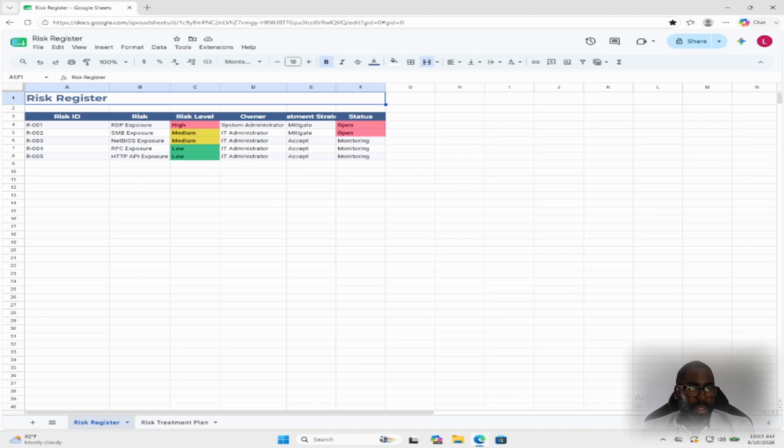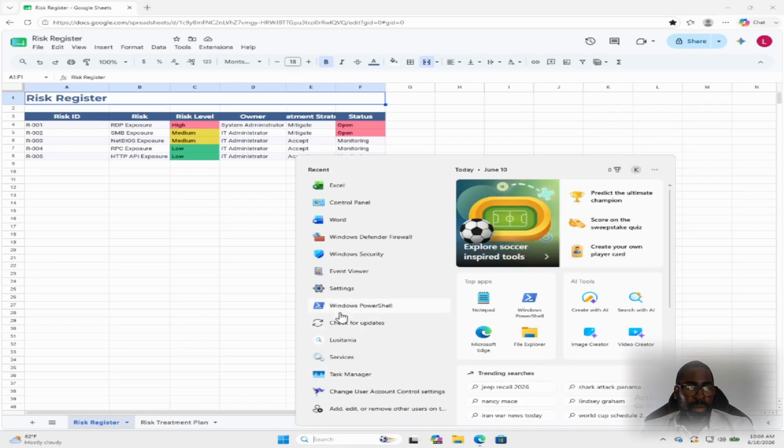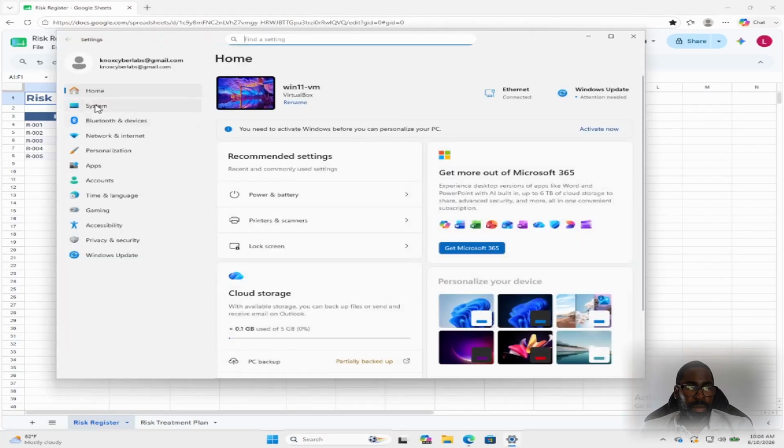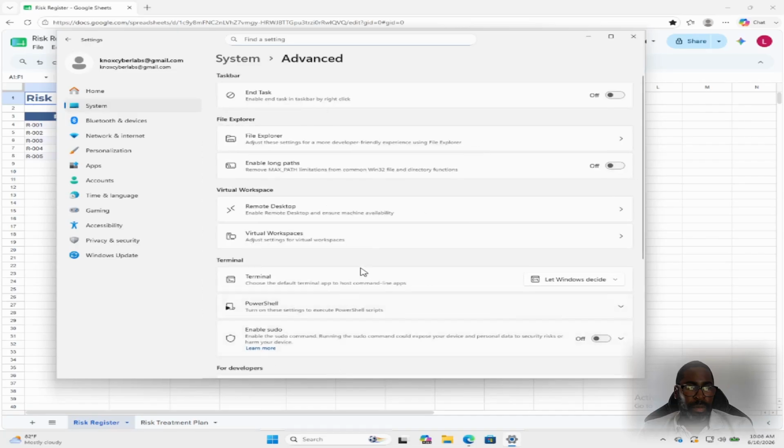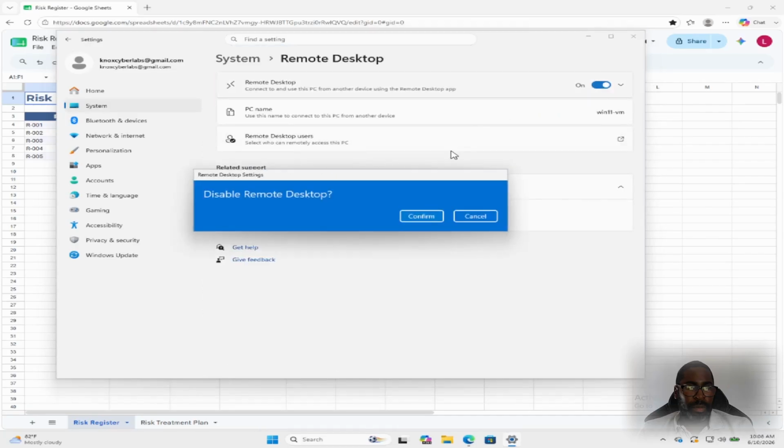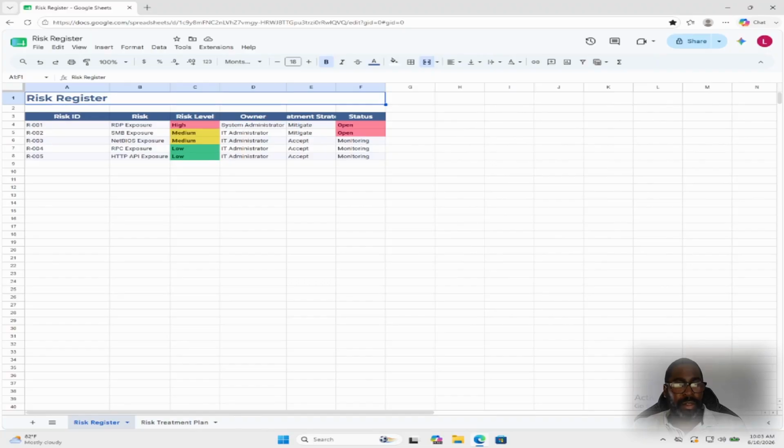The purpose of continuous monitoring is to determine whether implemented controls successfully reduce risk and whether risk levels should be reassessed. I'll begin by implementing the mitigations for RDP exposure. The next identified risk involves SMB file sharing services.